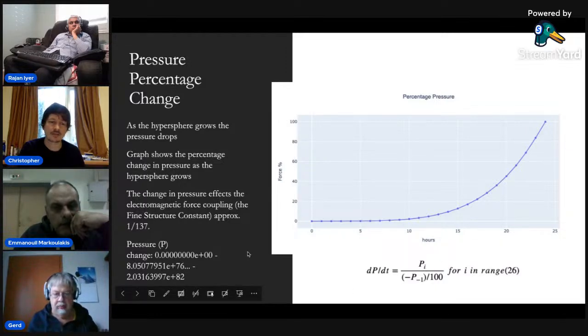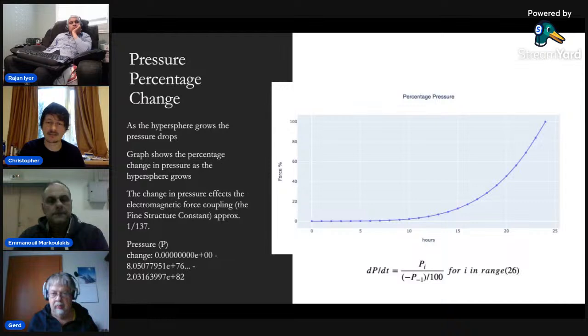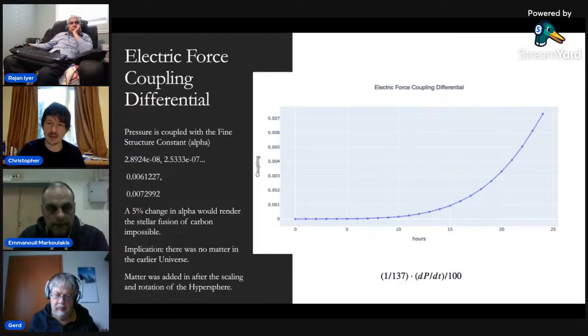And as we know, the change in pressure should affect the electromagnetic force coupling constant alpha, based on the previous slide, which showed a relationship between gravity and electromagnetism, as well as gravity and the pressure on the sphere. So, electromagnetic force coupling differentials.